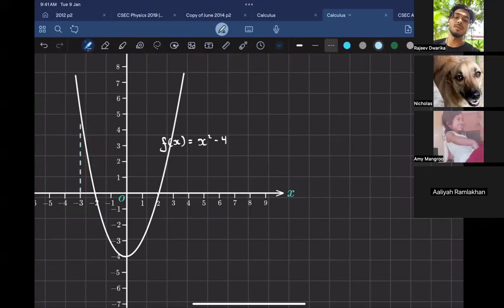Aliyah, how would I find the gradient at x is equal to minus 3? You plug 3 into the function. This function here is relating y with respect to x. Don't forget, f of x is the same thing as y.